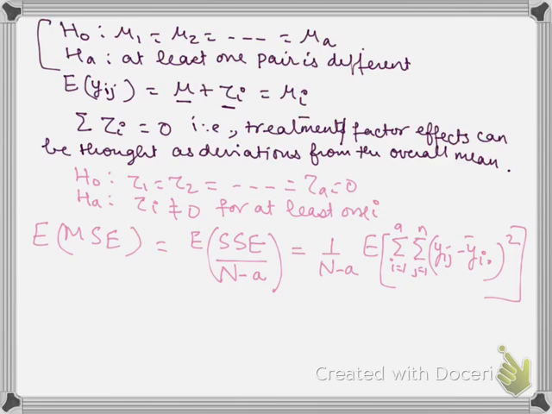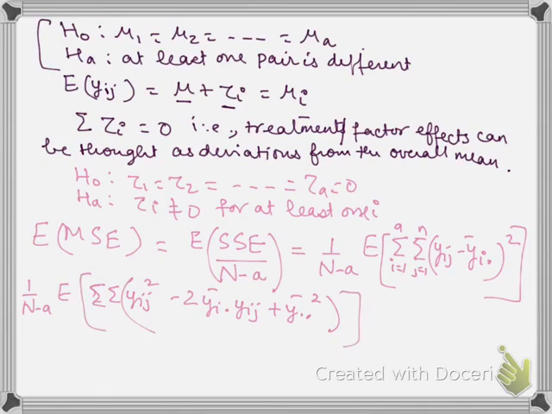So let's expand this. We have 1 over n minus a, expected value of the double sum of Yij squared minus 2 Yi dot bar Yij plus y bar dot dot squared.